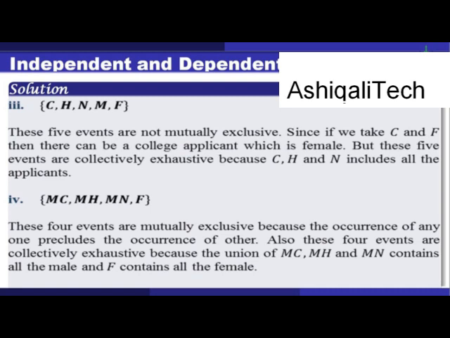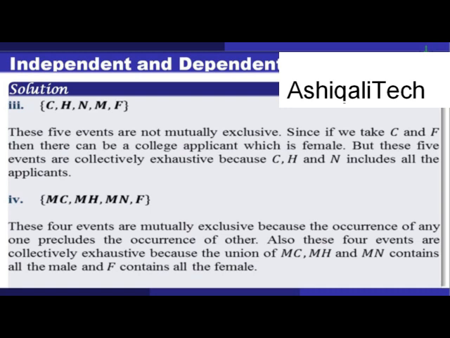Example number 4. Dear students, here we have MC, MH, MN and F. These 4 events are mutually exclusive because the occurrence of any one precludes the occurrence of the others.